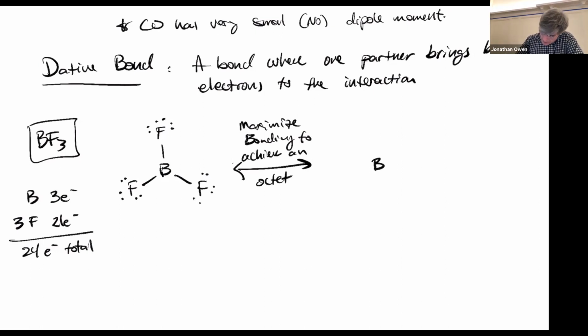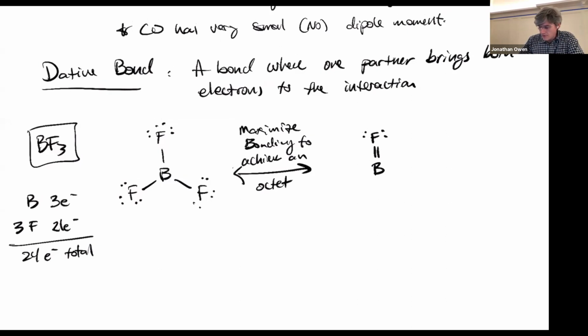And so how do we do that? Well, we use one of the electron pairs on that fluorine to make a new bond. And when you do that, you push the electron pair down onto boron.